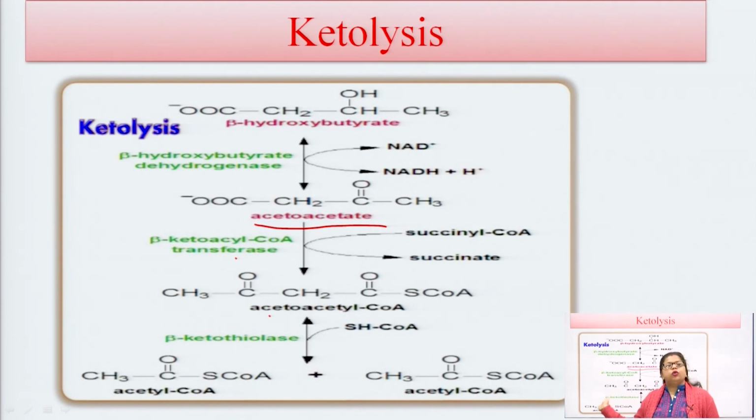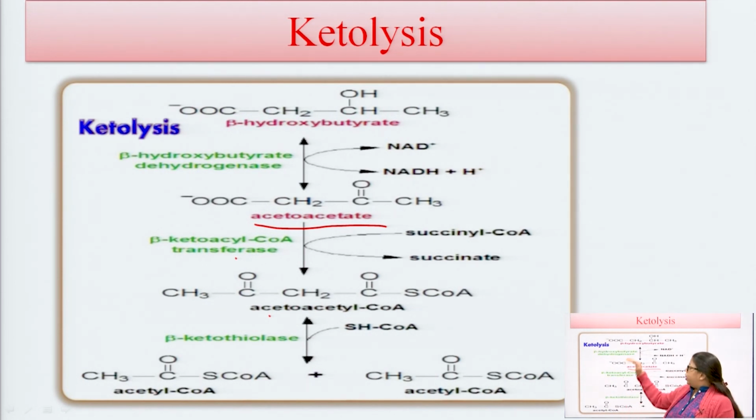So, ketolysis is the reversal of the ketogenesis reaction, because here there is degradation or oxidation of different ketone bodies to form acetyl coenzyme A, which is the starting compound of ketogenesis. In this reaction, there is no requirement of acetone, because acetone is released from the body by respiration.